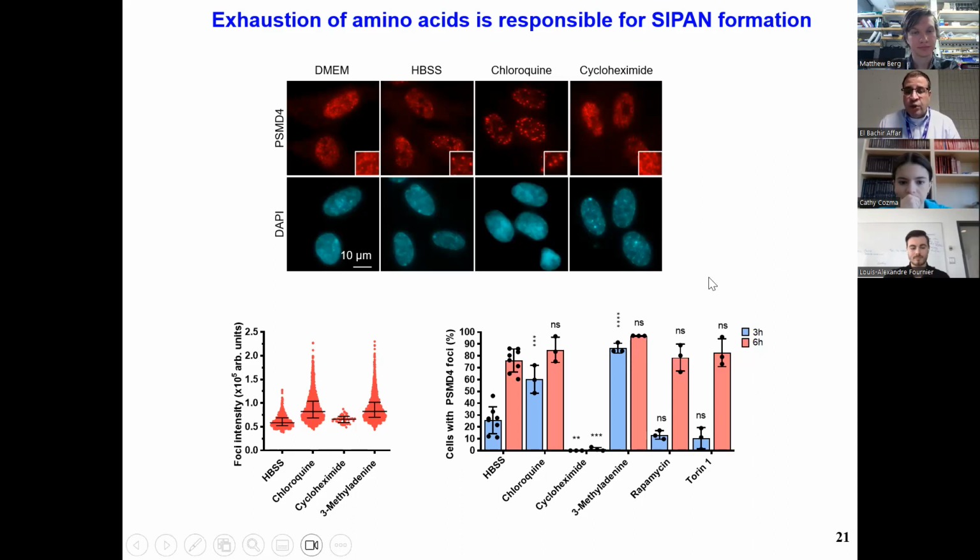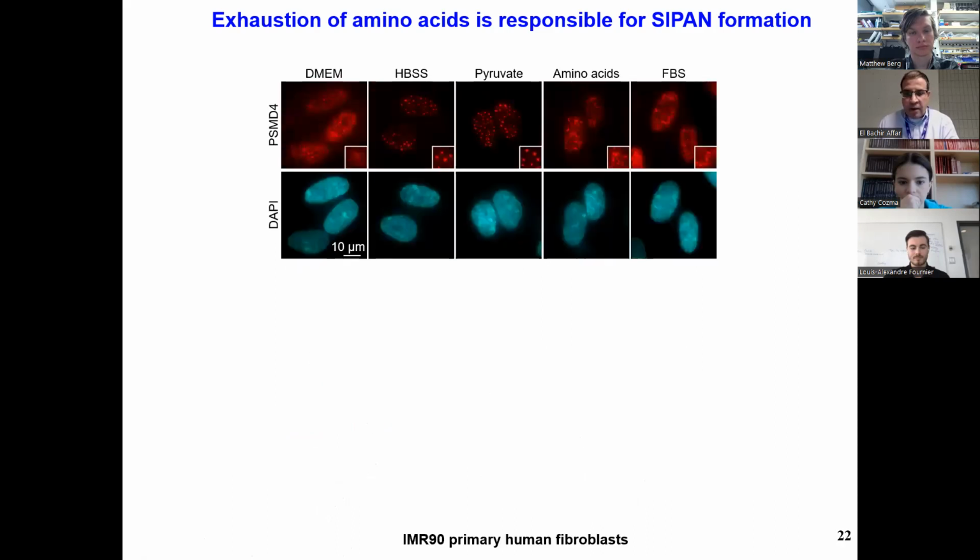So to make a long story short, to determine how, and we don't know yet how, the depletion of amino acids induces this liquid phase separation, we can manipulate amino acids by blocking protein synthesis, by blocking autophagy, and by adding or removing amino acids. And what we found is that essentially non-essential amino acids are the major determinant in this phase separation.